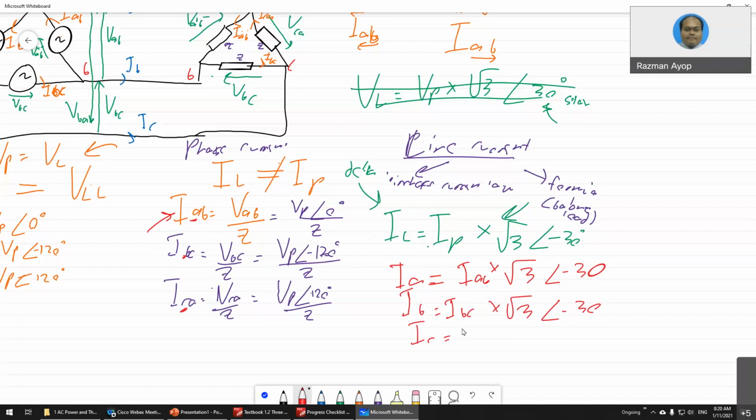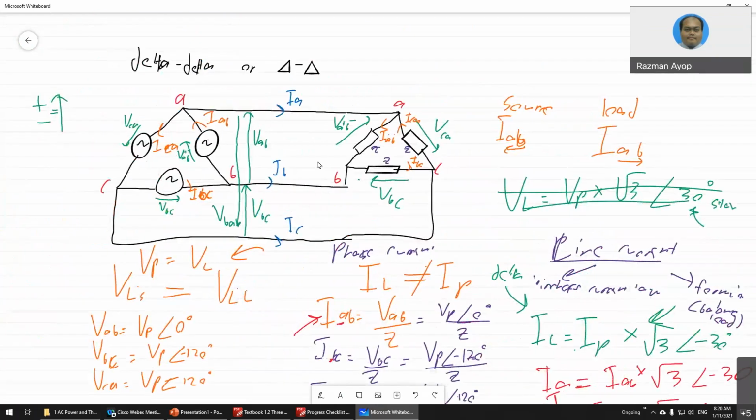IC is equal to ICA multiplied by square root 3 angle negative 30. So you have already obtained the phase voltage, phase current, line voltage and line current. All of this is complete. This is how you calculate everything in the delta connection.